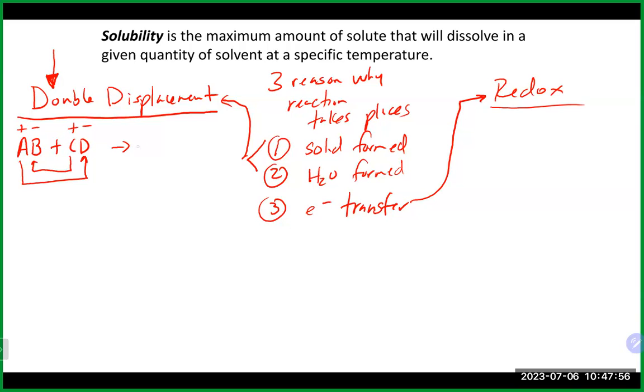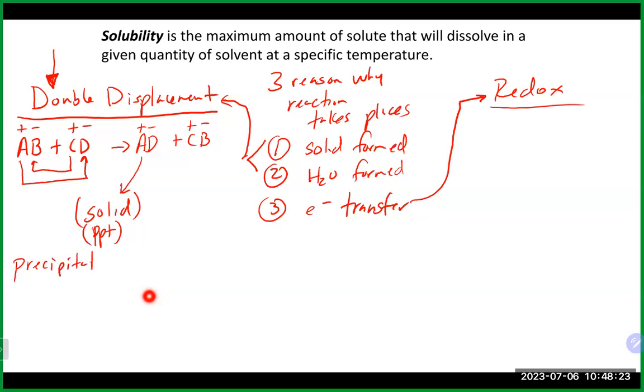And we will end up with two new ionic compounds on this side, A and D, and C and B. Now, as a result of these ions switching partners, one of these guys could make a solid, which is sometimes referred to as a precipitate. And that is a type of reaction known as a precipitation reaction, which is really a double displacement reaction, but a solid forms.